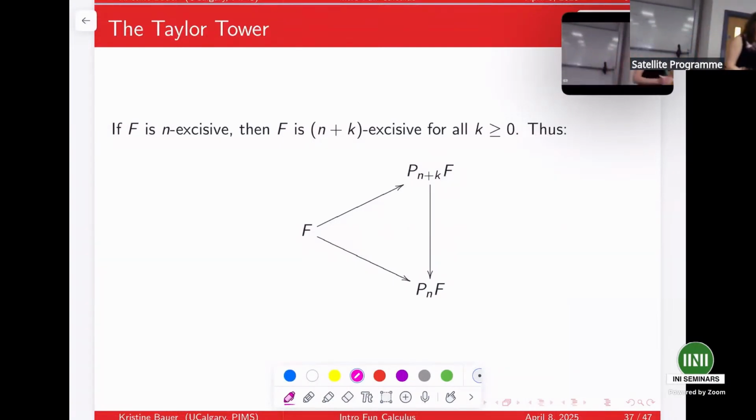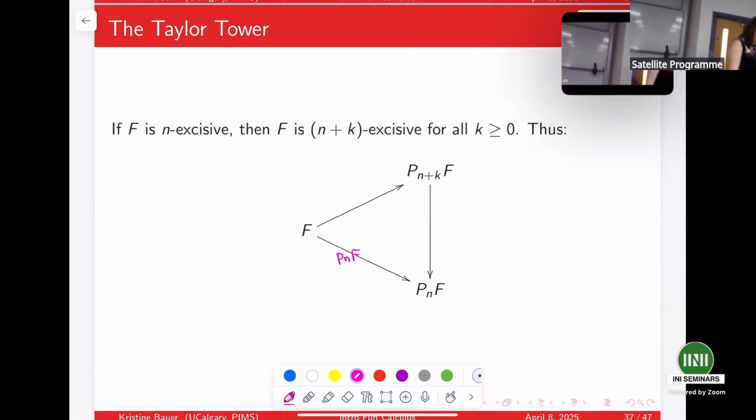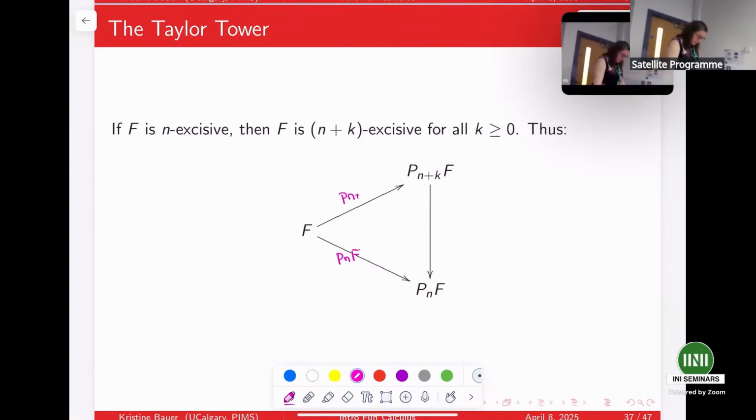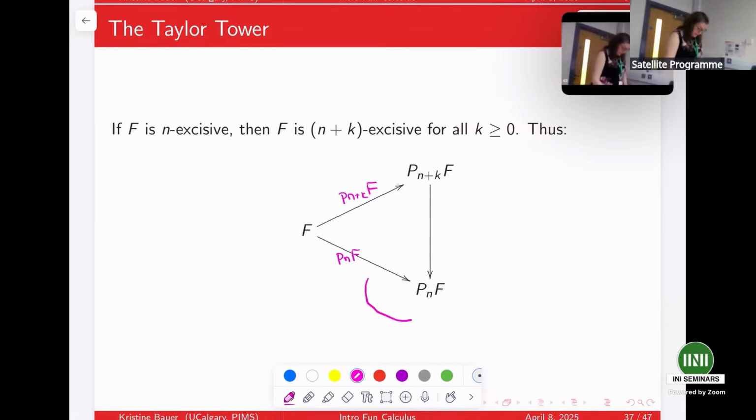So that means that if I take the map that I get from the fact that this is the universal n or n plus k excisive thing, this is also a new map to an n plus k excisive functor.